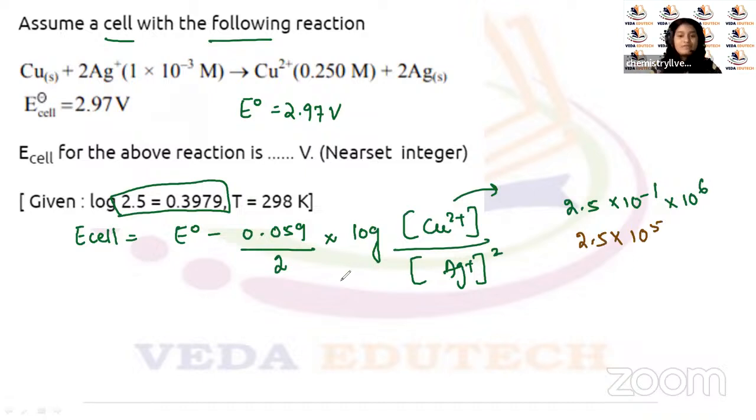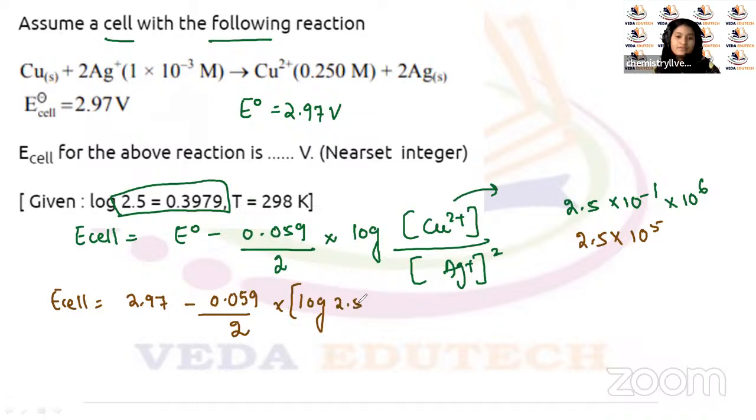So E cell equals E naught, which is 2.97, minus 0.059 by 2, into log 2.5 plus 5 log 10.